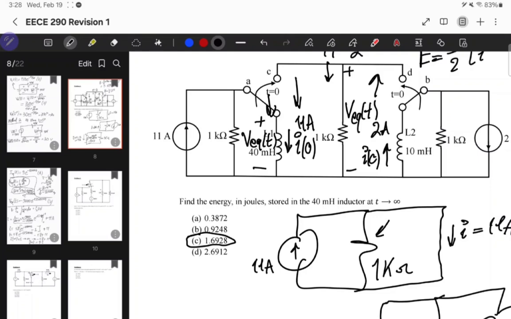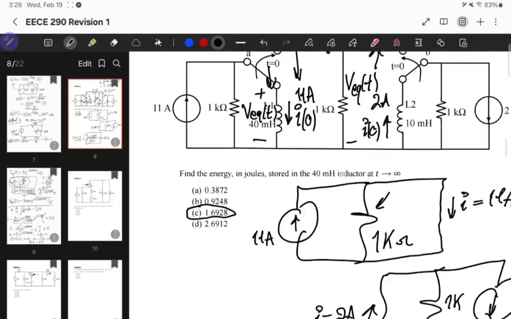So we get the equation of the current. From the equation of the current, we get the voltage, because in the parallel connection they all have the same voltage. After we get the voltage, we go back to the current in one of them. We evaluate this current at infinity, and then compute half L i squared of this value. We get our answer.